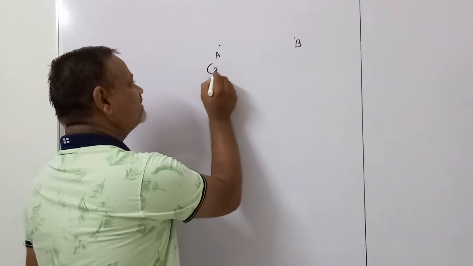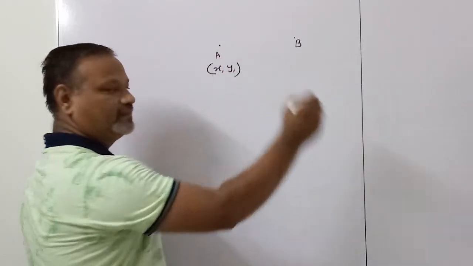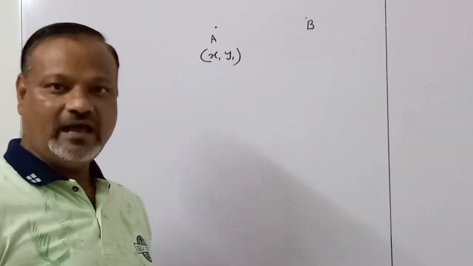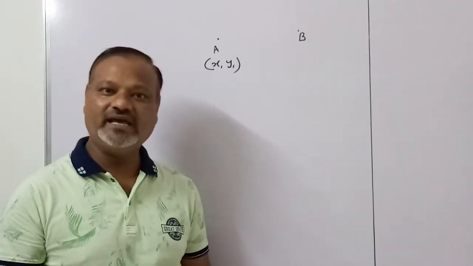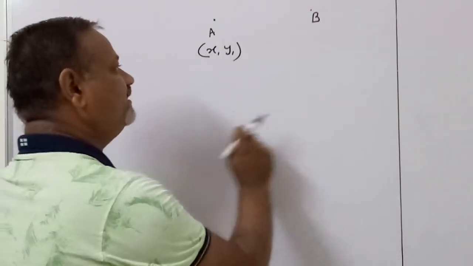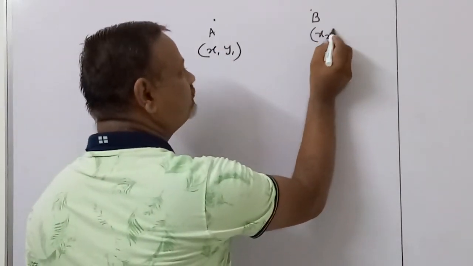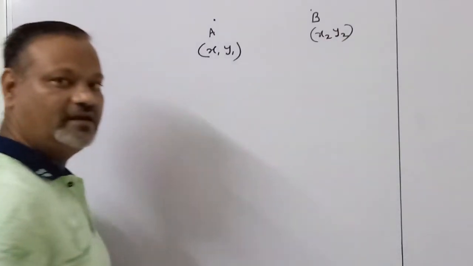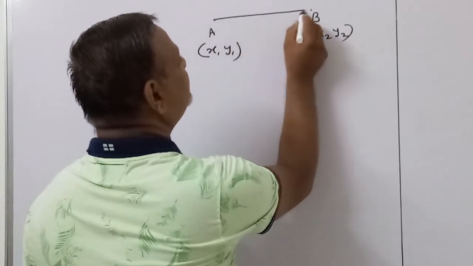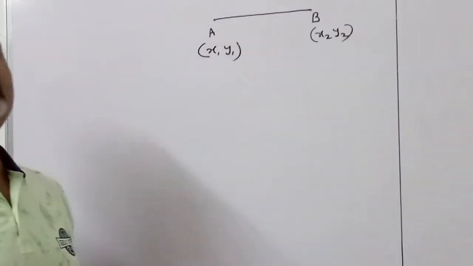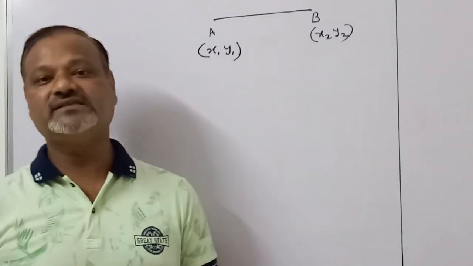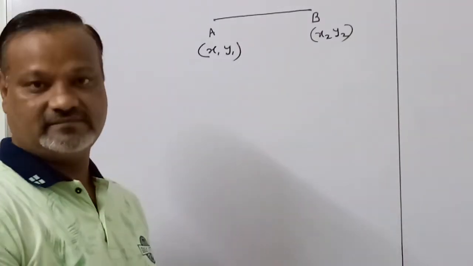A is a point in the given plane, B is also a point in the given plane, having coordinates x1, y1 and x2, y2. Now we have to find the distance between these 2 points. That we will study in this lesson.